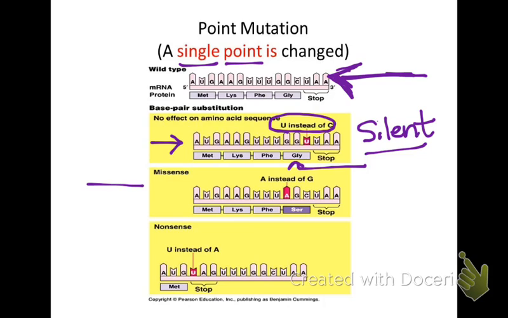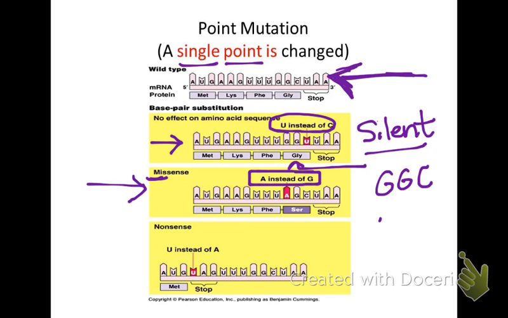Then we have a missense point mutation. This is where there has been a mistake, and it changes the amino acid. Everything is the same except on this one point, you have an A instead of a G. That's supposed to be GGC, which codes for glycine.